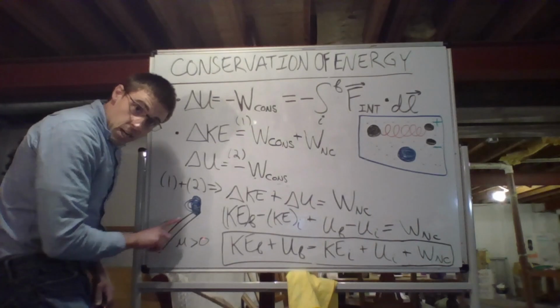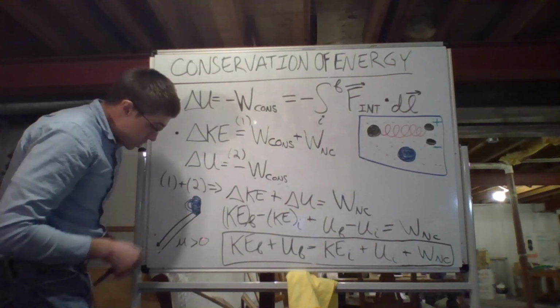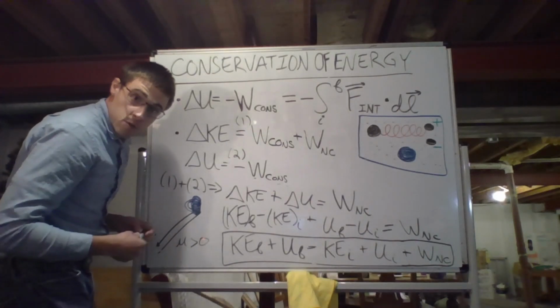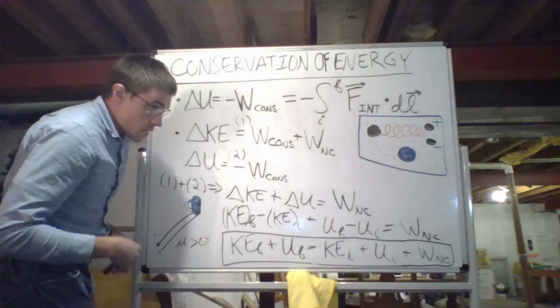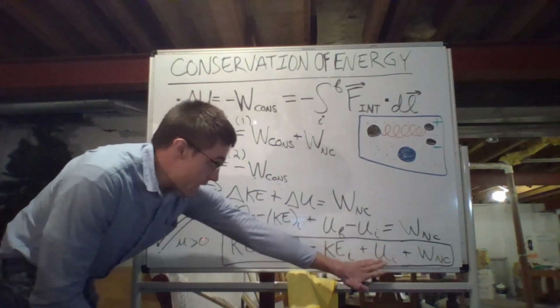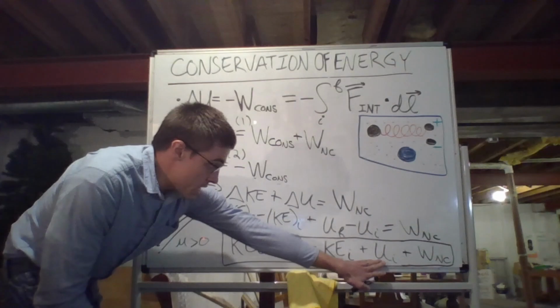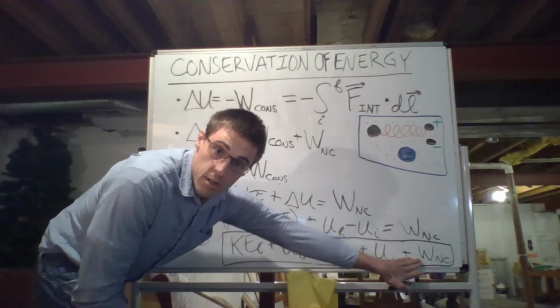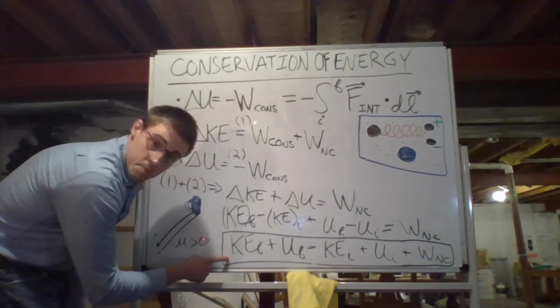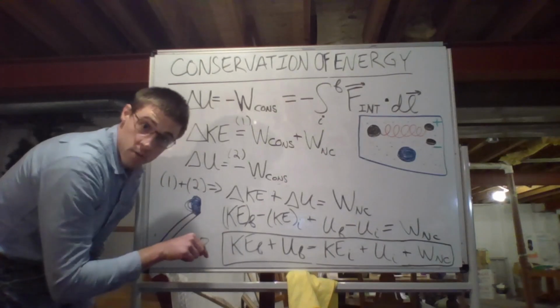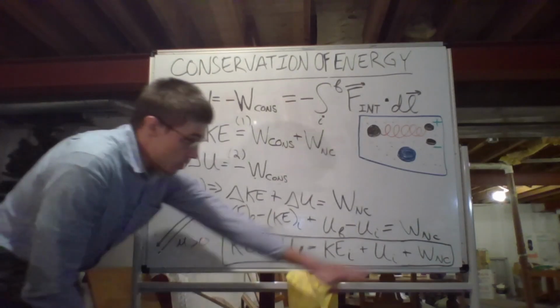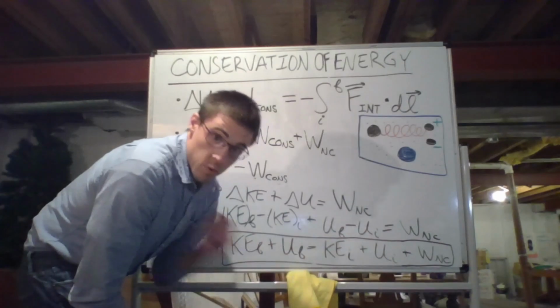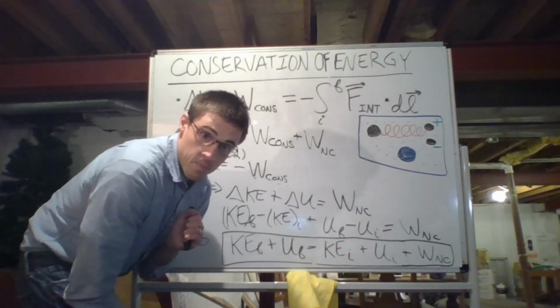Friction is going to act up the ramp, because friction always resists motion. So I'm going to have that mgh and then a negative number here. So my final speed is going to go down because the friction force, which is non-conservative, removed some of the energy from the system.